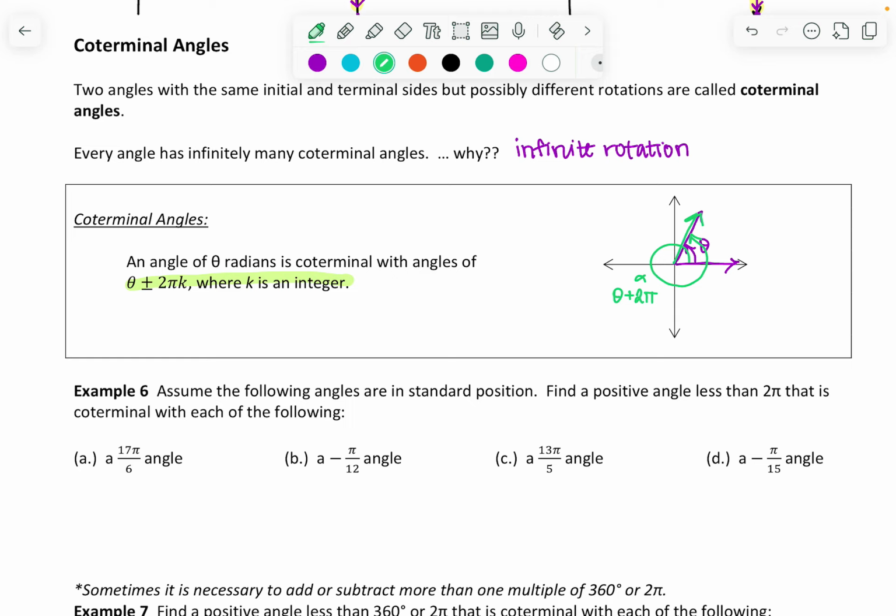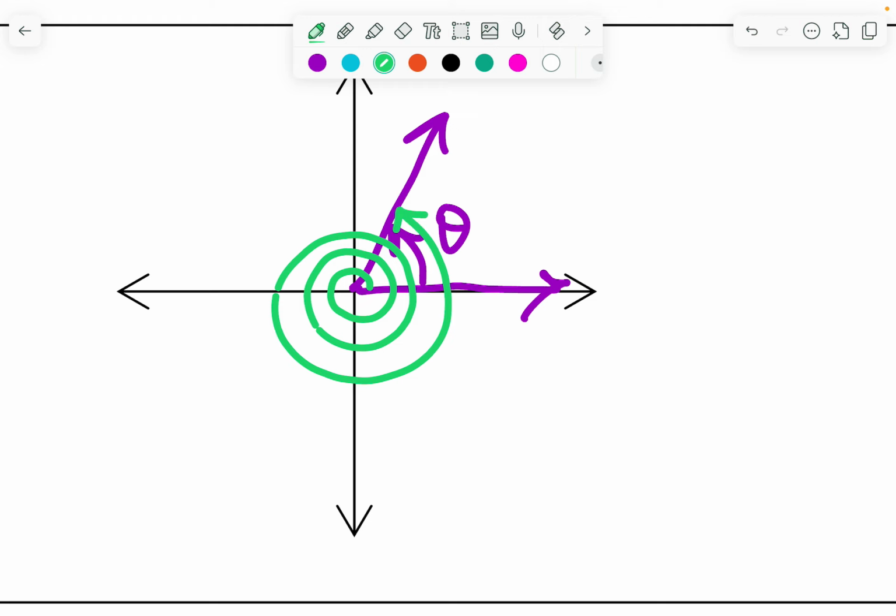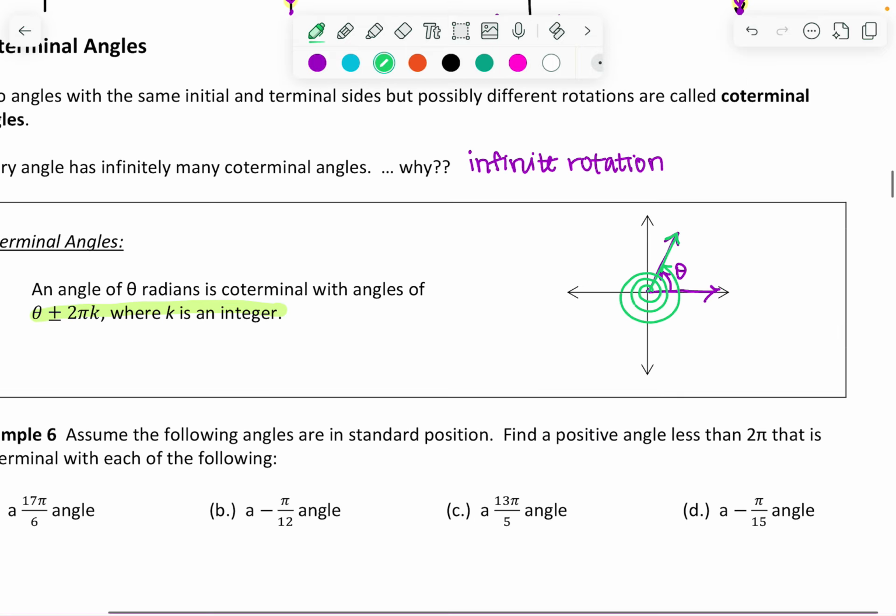I could also rotate around as many times as I wanted to. 1, 2, 3, 4, all the way back to here. That angle is going to have like 6 extra pi added to it, but it lands in the exact same terminal side, okay? So this is the idea of coterminal angles.